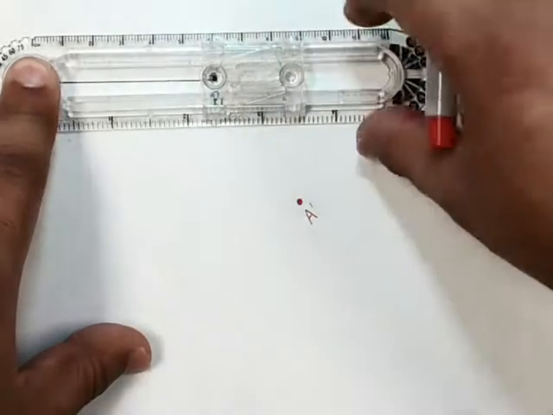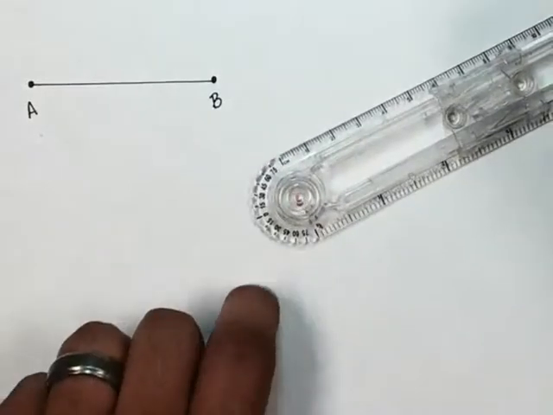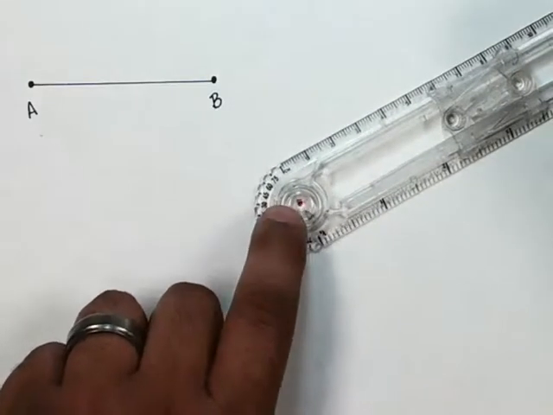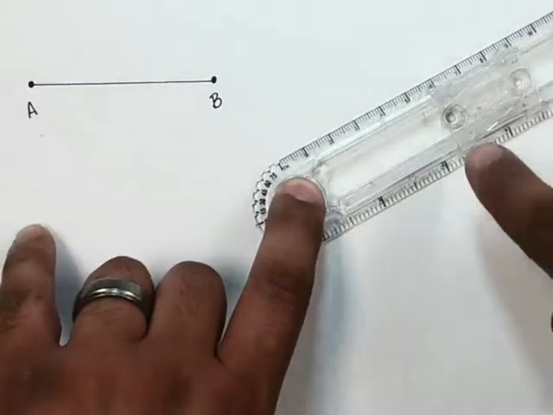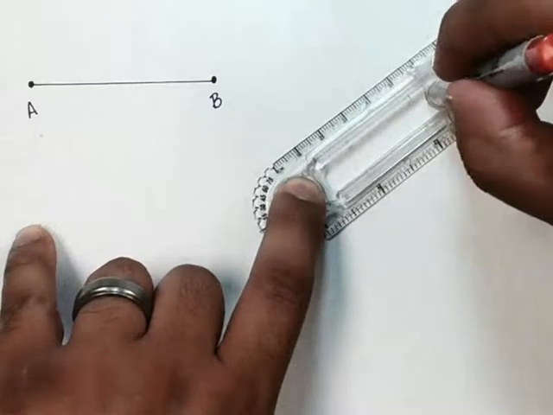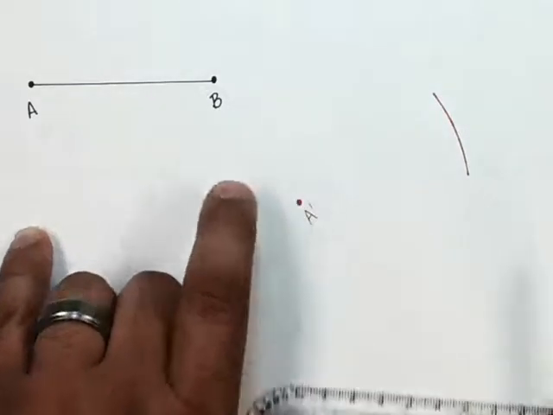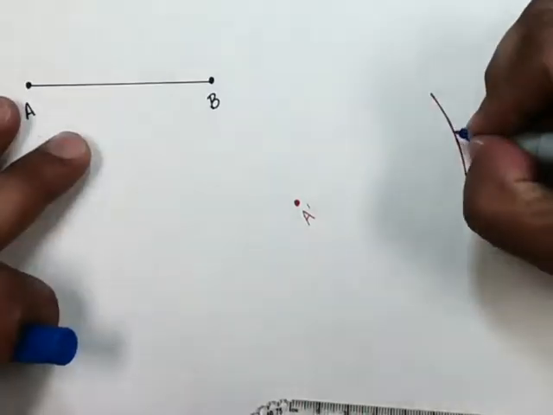Okay? So then I'm going to put this dot on A prime, and then, without moving this slider, I'm going to make a small arc like so. All right. Then I'm going to pick any point on that arc right here.